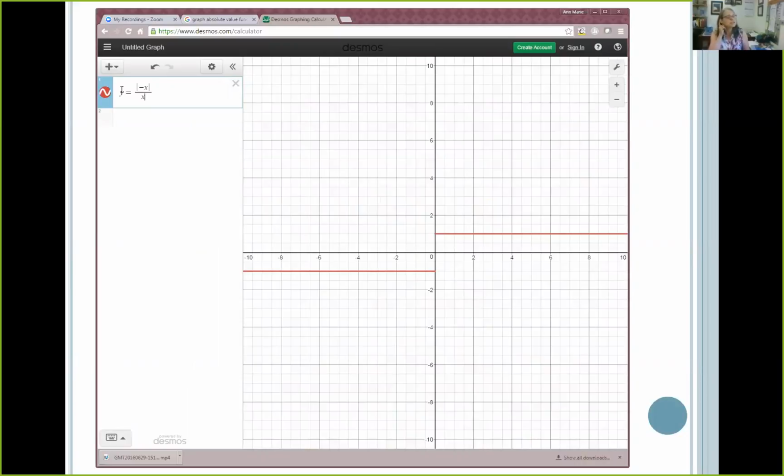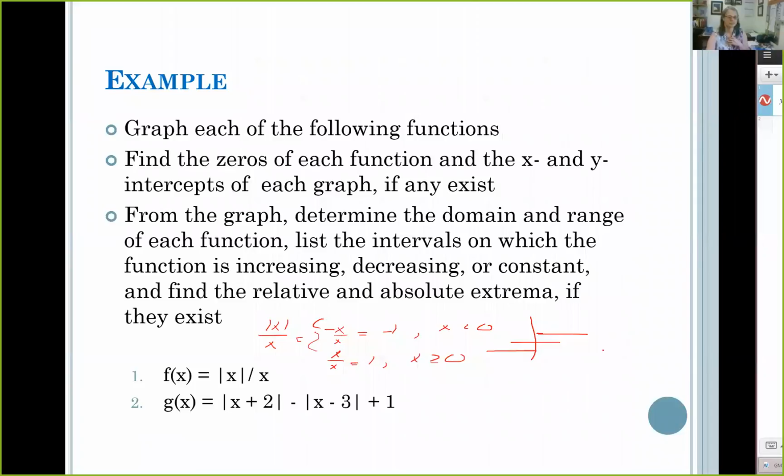So, what's the domain? Yeah, this one's a little tricky. What can I not ever plug in here? I can't divide by 0, can I?